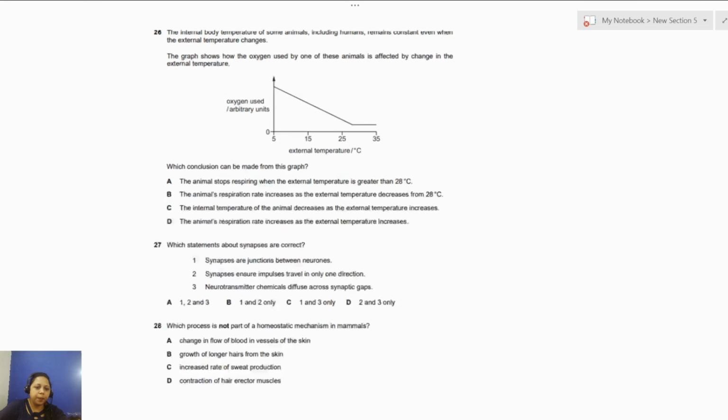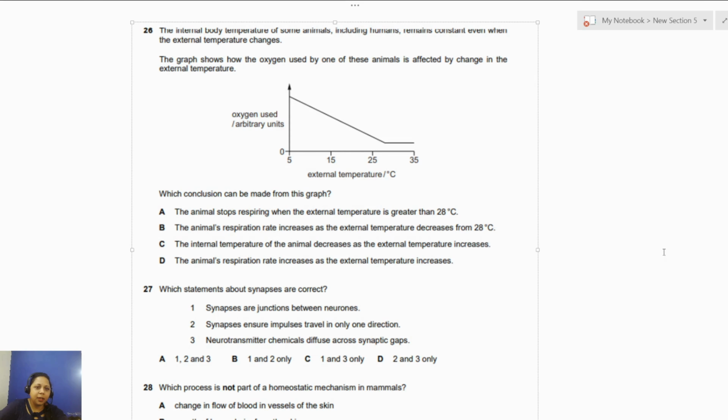The internal body temperature of some animals, including humans, remains constant even when the external temperature decreases. So this is about an animal that is affected by the change of external temperature, meaning it's not human or birds. What conclusion can be made from this graph?